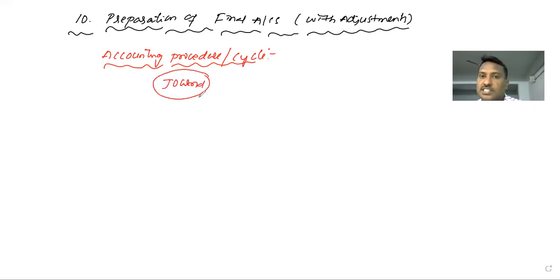This is the first stage in the accounting process. The accountant begins with journal entries.